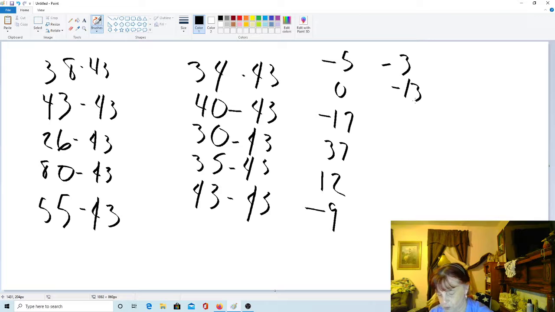And 35 minus 43 is negative 8. 43 minus 43 is 0. Okay, and then you square those numbers.